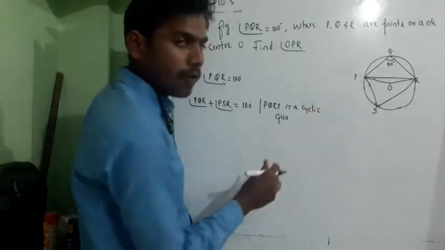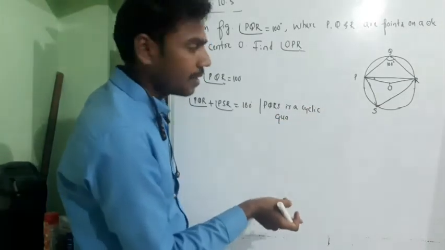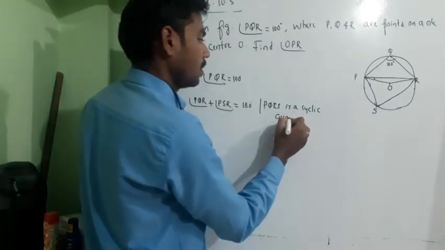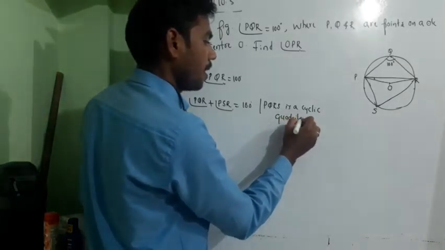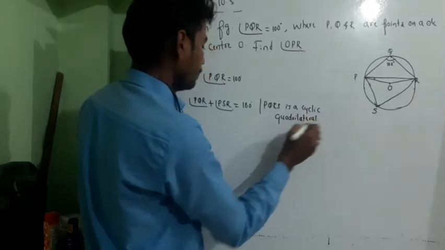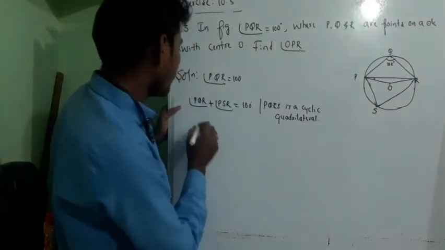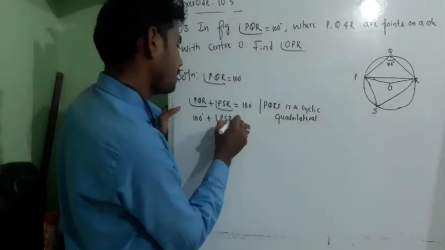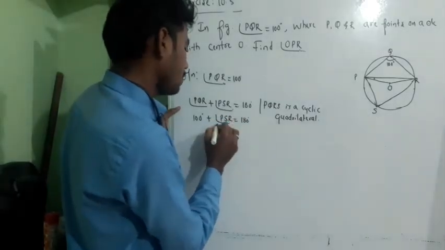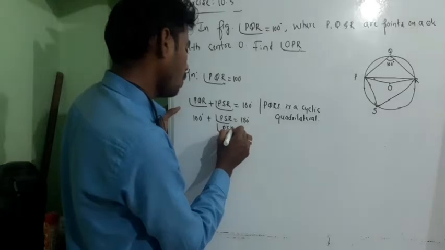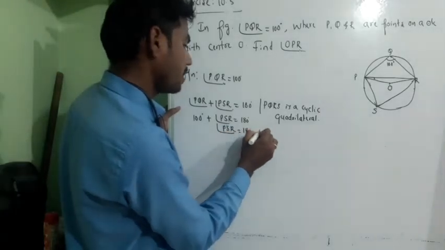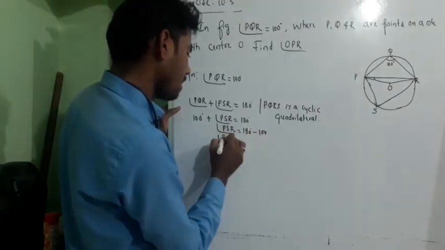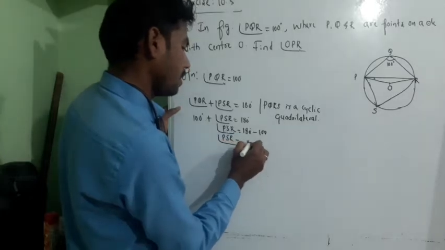All the points of a quadrilateral are lying on a circle. PQR is 100 degree, plus PSR is equal to 180 degree. So angle PSR is equal to 180 minus 100, which is 80 degree.